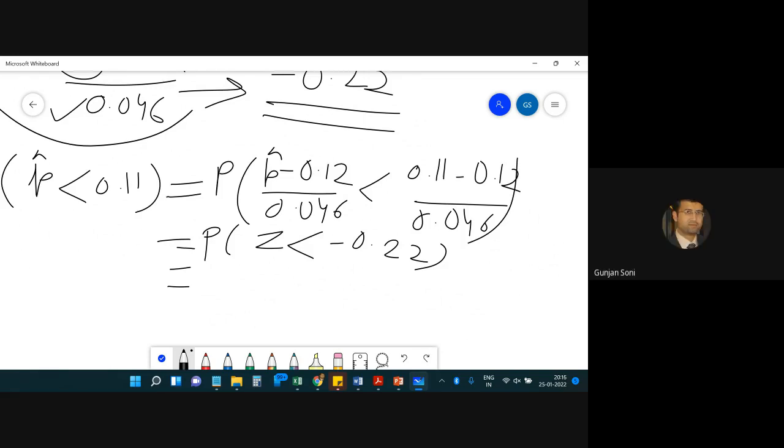Yeah, Shubhangi, right. 0.4129 is the probability that the sample proportion that are left-handed is less than 11%. Okay. Now we go ahead.